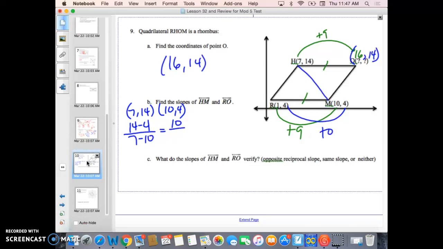So that's 10 over negative 3. So that's my slope for HM. And then if I want to find the slope for RO, I've got to use the coordinates 1, 4, and 16, 14. And I'm going to do the same thing. 14 minus 4 over 16 minus 1, and that's 10 over 15.